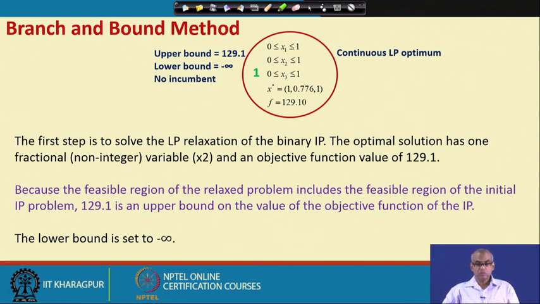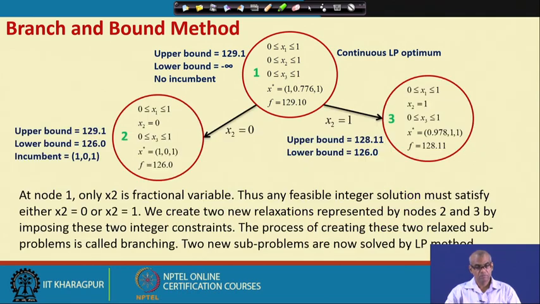Now, look at the optimal solution: two integer values, but x2 is fractional. So, only x2 is the fractional variable at node 1.